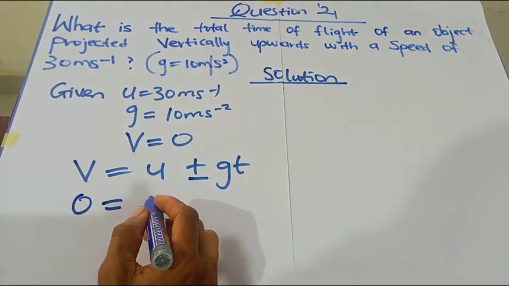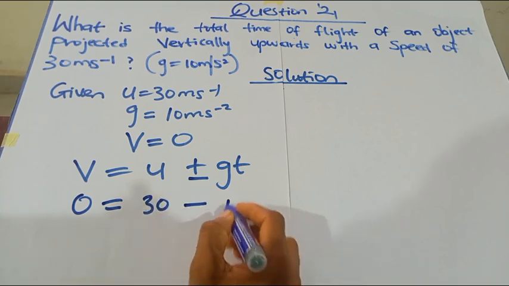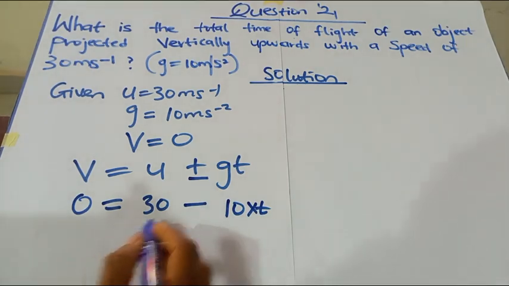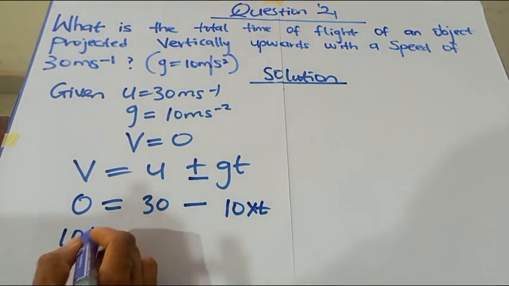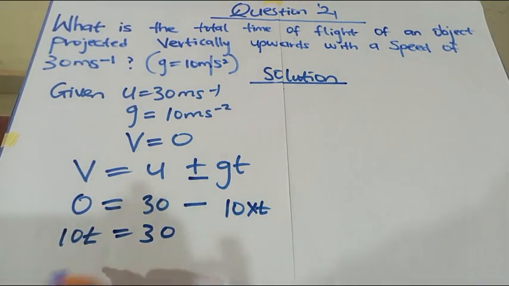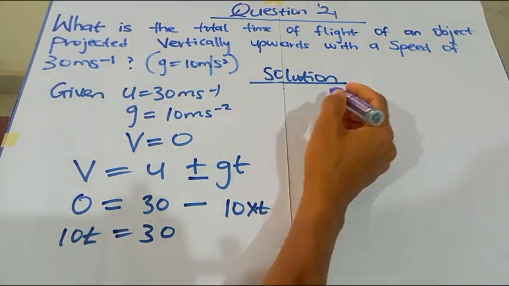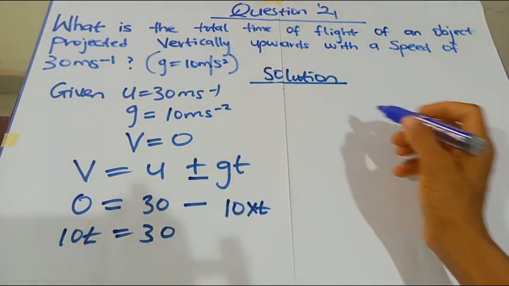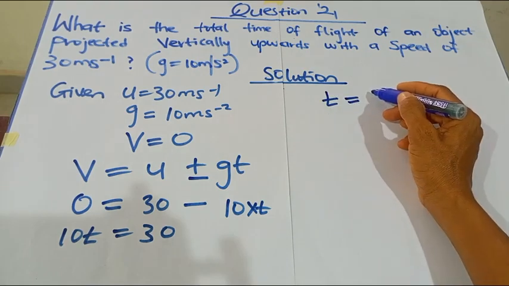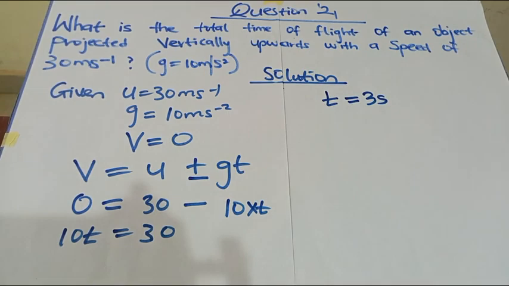So if we apply that, we'll have 0 is equal to 30 minus 10 times t. So 10t is equal to 30, and t is equal to 3 seconds.